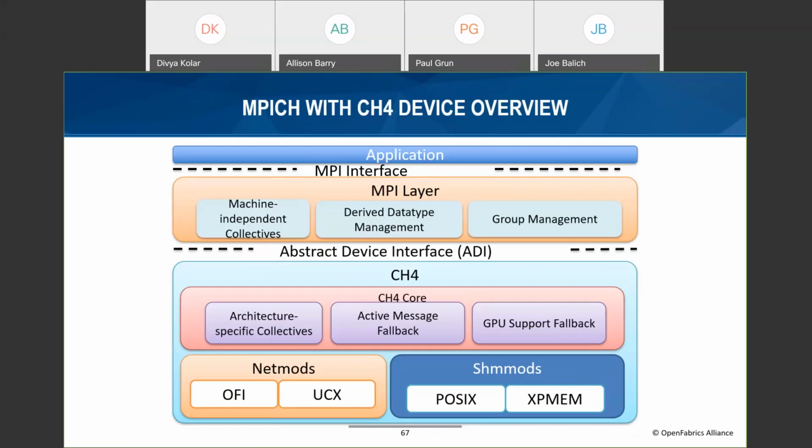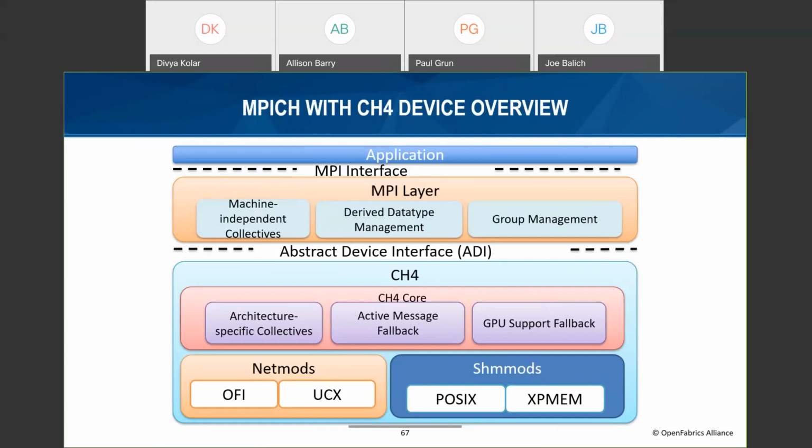These fallbacks are only for cases of functionality that the network does not support. Basically, anything that the netmods, which use Libfabric or UCX, support natively, we call directly instead of going to the fallbacks. Only in the case where some functionality is not provided by the network library do we go to the fallback route. With Libfabric, we have specific capability sets based on which provider is being used.